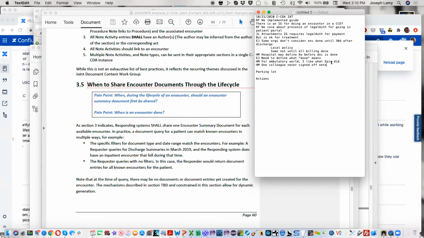I'm curious. I just looked at the encounter activity template, and it is a template that is silent on status code. I'm just wondering if the folks from Epic considered including status code with any kind of value from the ACT status value set to semantically communicate if they think the encounter is completed or not.